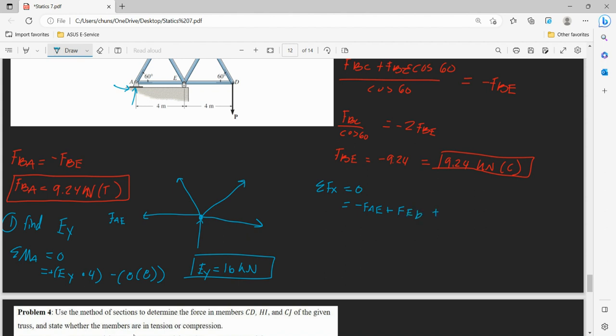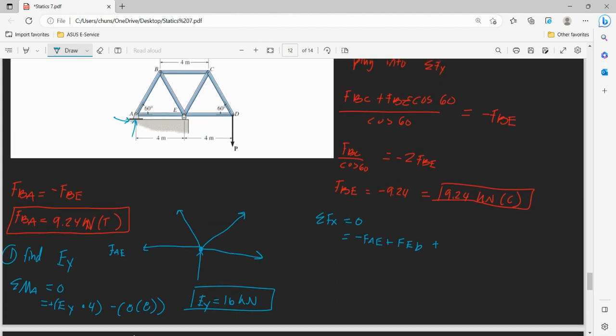We have positive, what is this? This is FEC. And this is cos 60, and then minus FEB cos 60.